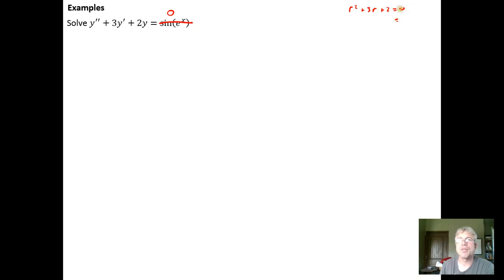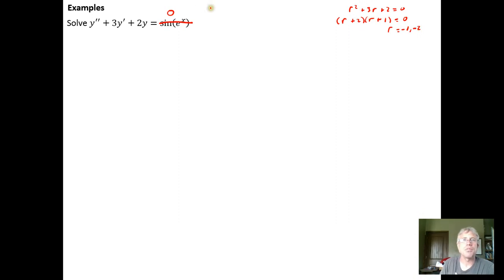And then we solve the characteristic polynomial for its roots. So if we do that, we get this times this equals 0. And we're going to be able to factor this as r plus 2 times r plus 1, which tells us our roots are -1 and -2.